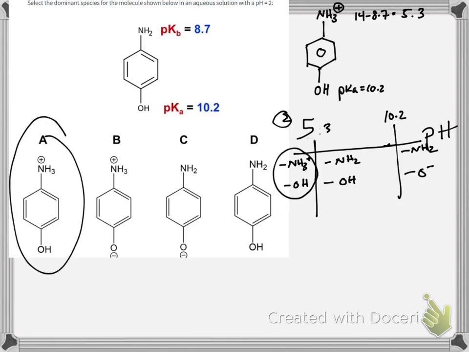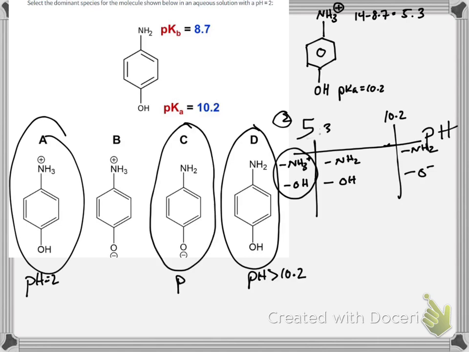So let's go through all the possible options here. Option A is going to be the case in which any pH below 5.3. D is going to be the pH between 5.3 and 10.2, where we have a neutral nitrogen and OH.